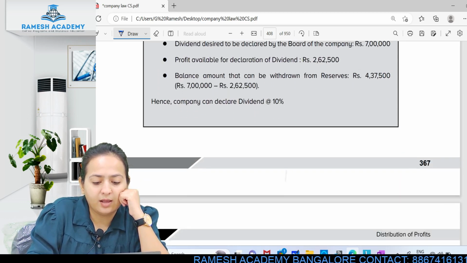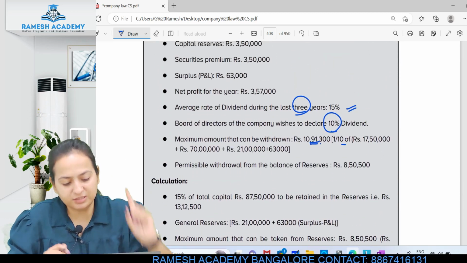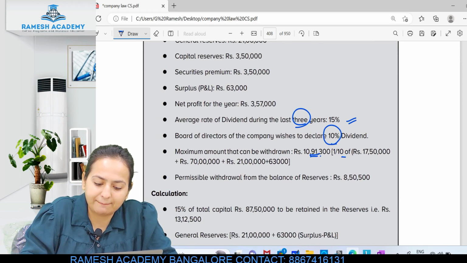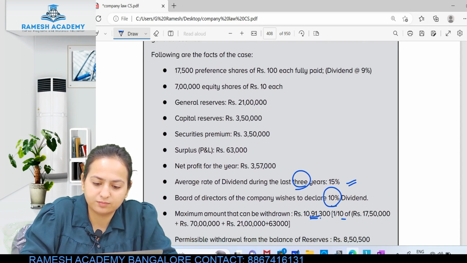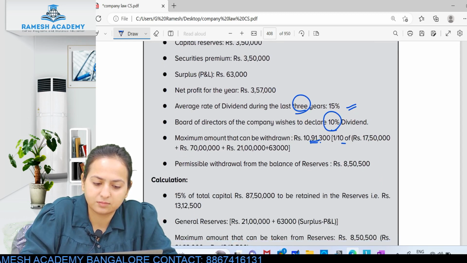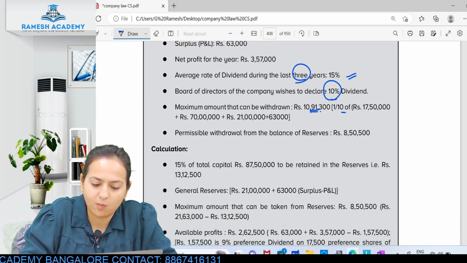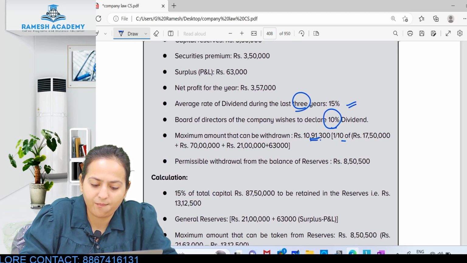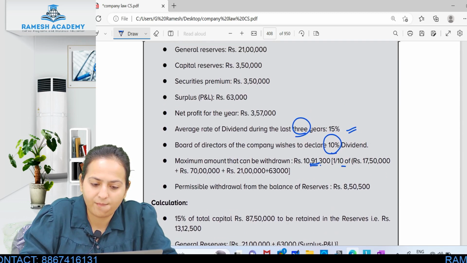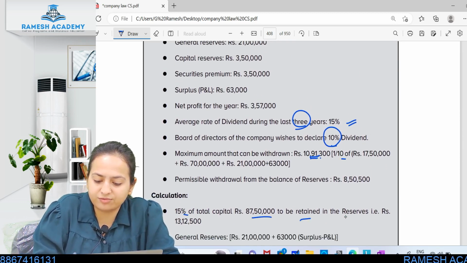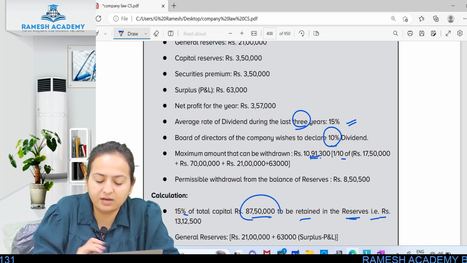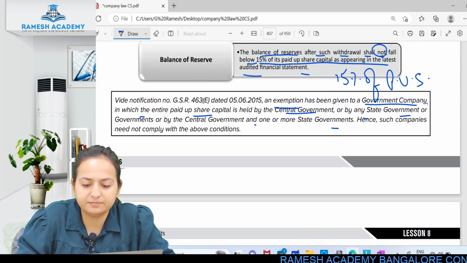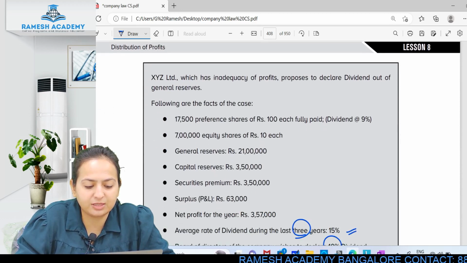So now first we have to see, first condition is total capital. 15% of so and so can be retained in the reserves. So 15% first of all is 15%, right? Paid up share capital now.